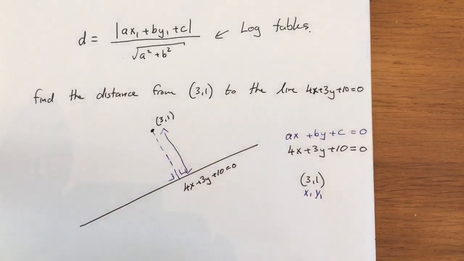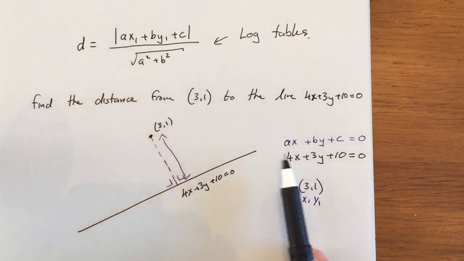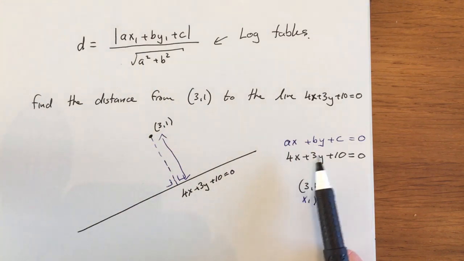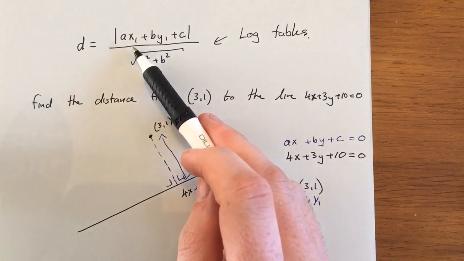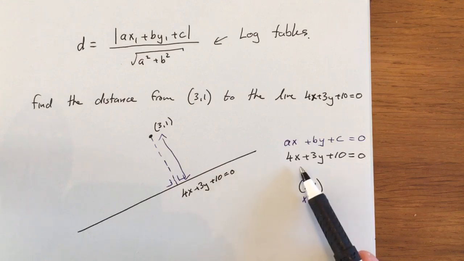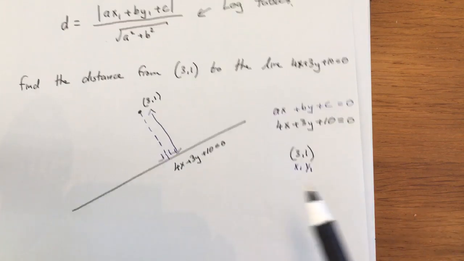If you look at our formula now, we actually see that we have everything. A is going to be 4, B is going to be 3, C is going to be 10, and then our x1 and y1 are 3 and 1. So we just fill everything into the formula, and that will give us our answer.